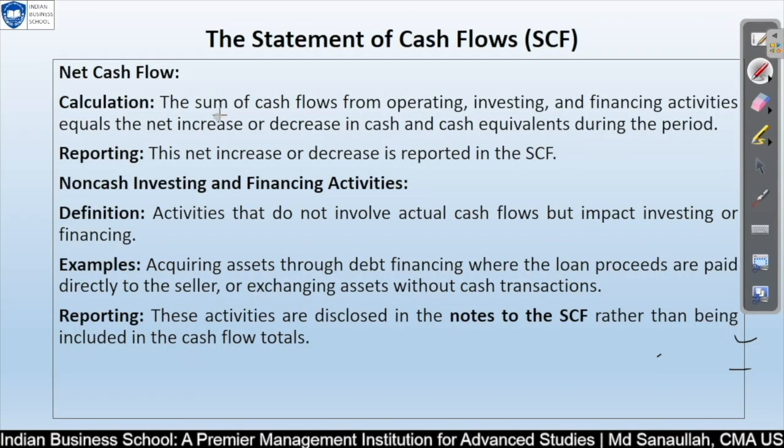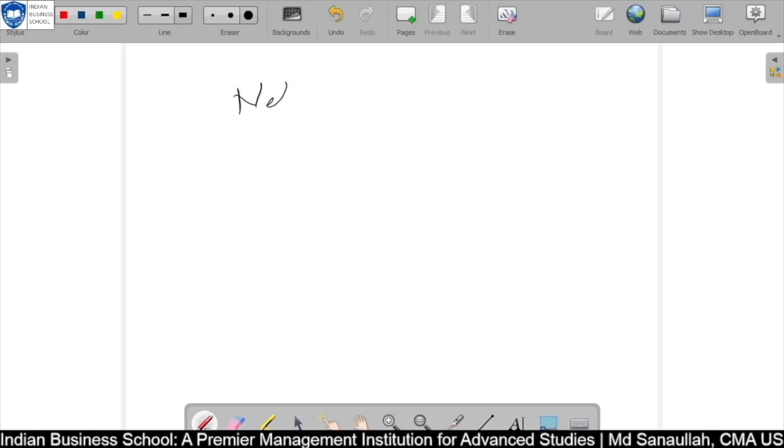So now we are going to learn about the statement of cash flow. What does net cash flow mean? The sum of cash flow from operating, investing and financing activity, when you add all together, equals the net cash increase or decrease in cash and cash equivalents during the period. You have net income 100, and operating activity when we have adjusted, we got somewhere around 50.